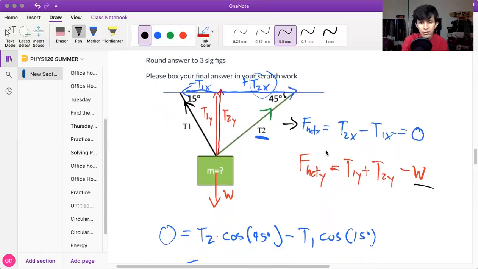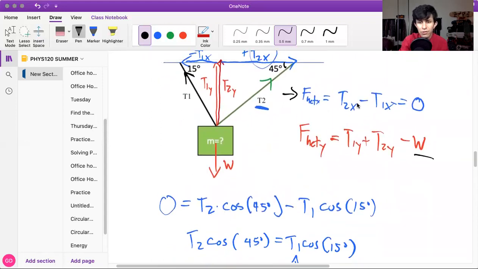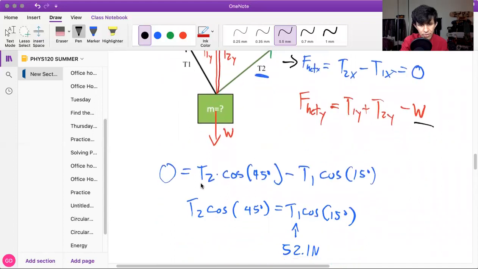Now let's move on to the x equation. What I'm going to do is write the components for T2x and T1x. These are adjacent to the angle, both of these, so they're going to use cosine, but make sure you put 45 degrees for T2 and 15 degrees for T1. So T2, the magnitude of it, times cosine of 45, minus T1 cosine 15 because it's pointing the other way.